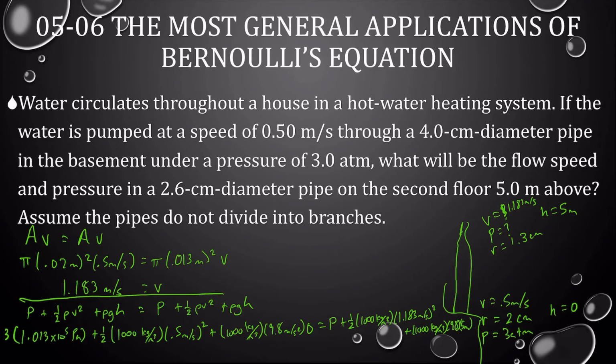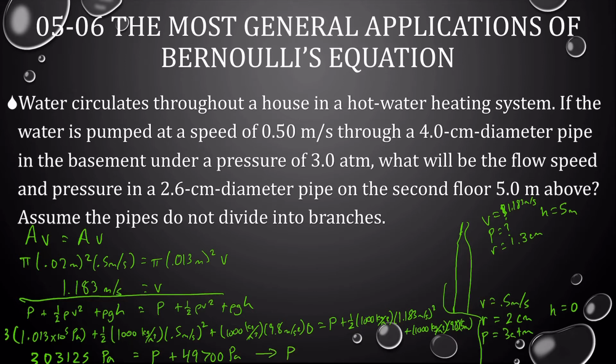All right, run all that through your calculator. You get 3.03125 times 10 to the 5th pascals equals our pressure on the other side plus 4.9700 pascals.